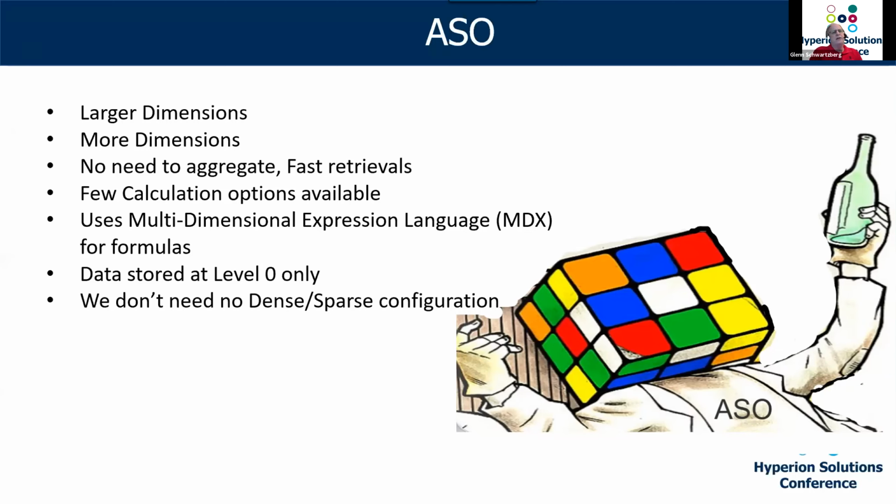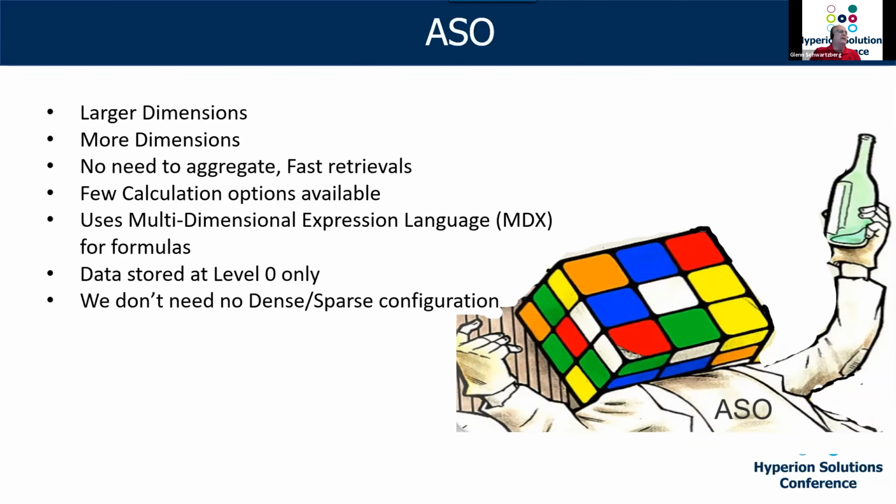There are a lot fewer calculation options available. In a BSO cube, we had formulas, unary operators, and we also had that procedural calc script. In an ASO cube, or aggregate storage cube, we only have the ability to do unary operators, consolidation operators, which roll up.